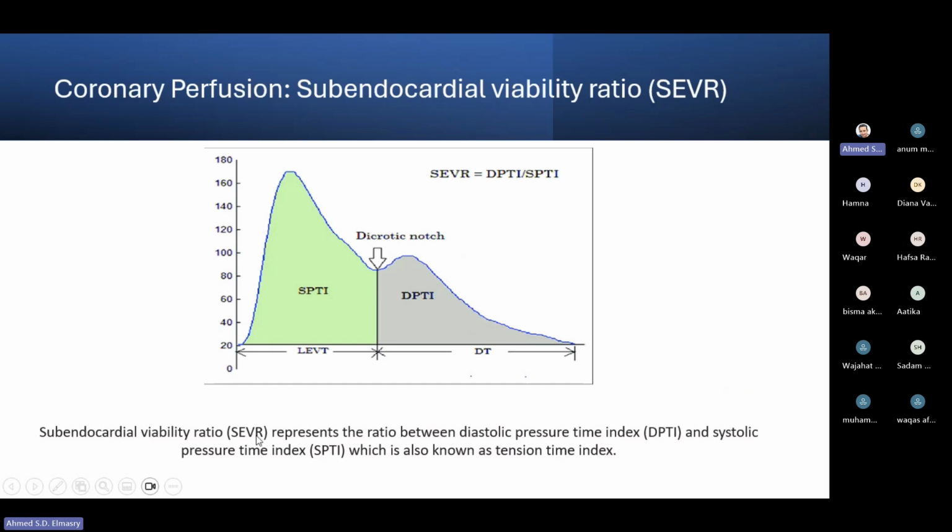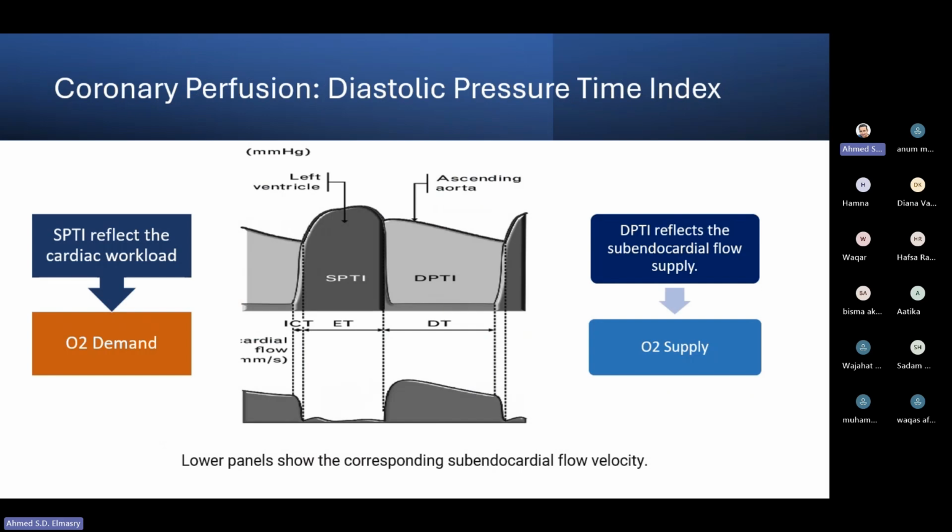If this ratio is high, that means the coronary perfusion for this patient is adequate. If the ratio is low, that means the diastolic pressure time index is low, and the coronary perfusion is suboptimal.